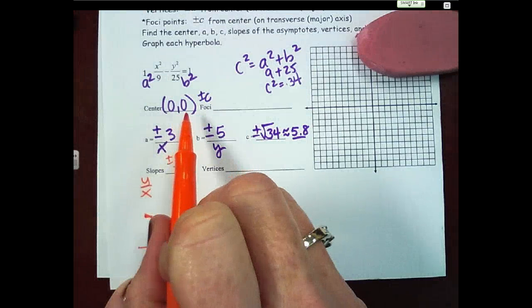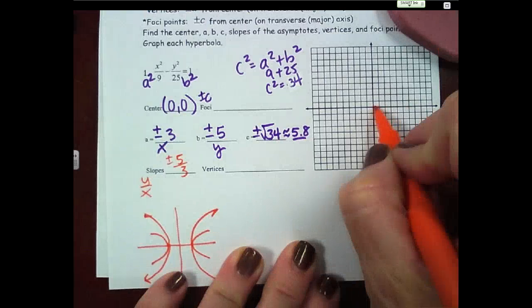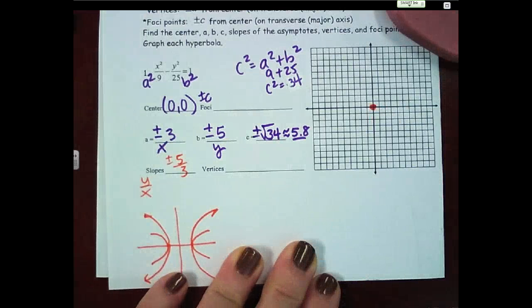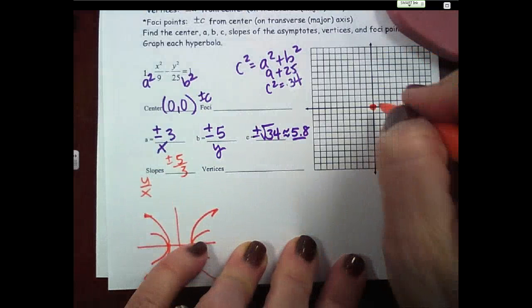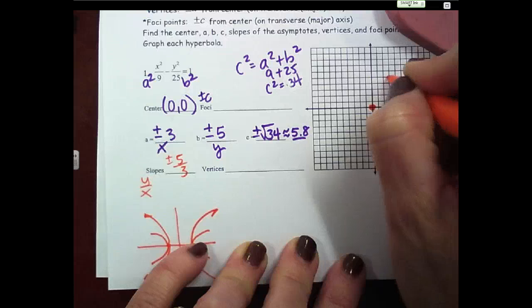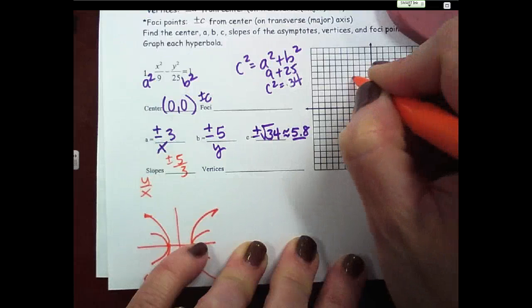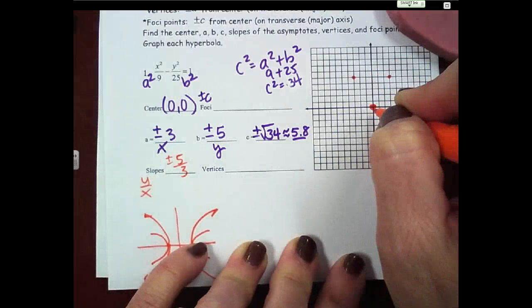Our picture starts at 0, 0. And our slope is 5/3. So you're going to make a box around it. You're going to go in every direction. Up 5, right 3, up 5, left 3, and then down 5, right 3, down 5, left 3.